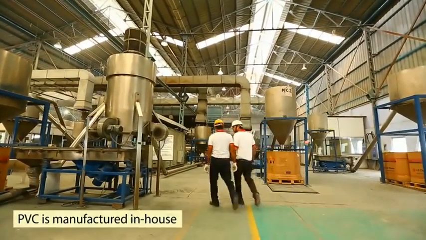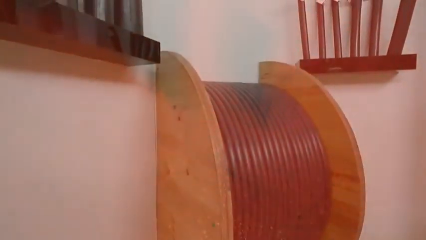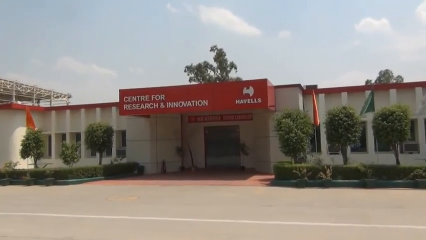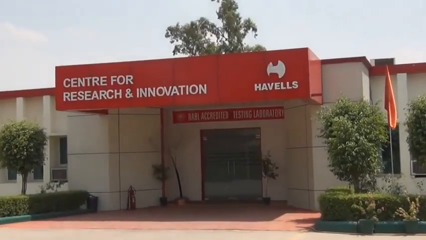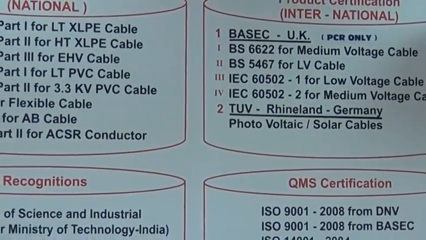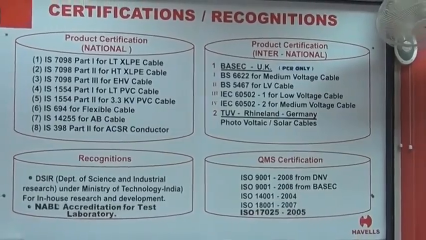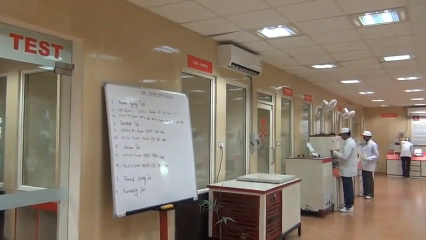Havells manufactures the PVC in-house rather than outsourcing it from vendors. This ensures better quality control and improves the flame retardant quality of our cables. Ever since its inception, Havells India has emphasized product quality by demonstrating quality evaluation for cables at international level, by obtaining NABL accreditation for testing facilities and a DSIR recognized technology center at the Cable Division in Alwar, Rajasthan.